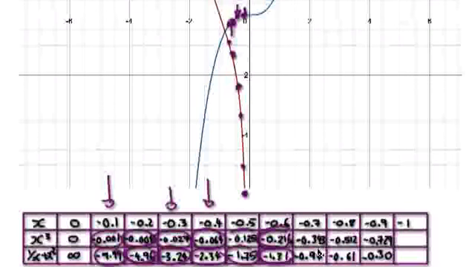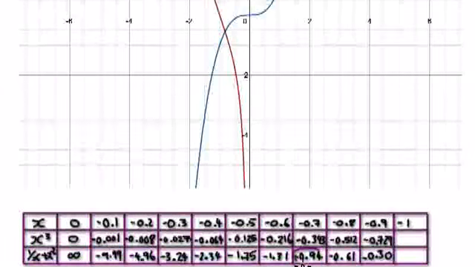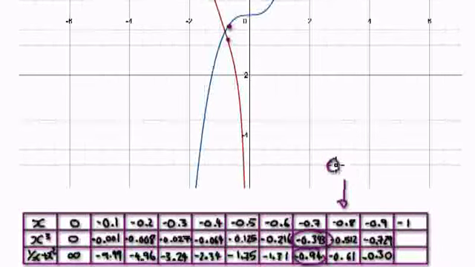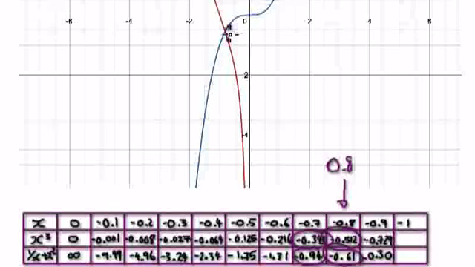Now, if you look at 0.7, the red line is still lower than the blue line. When x equals negative 0.8, the red line is still lower than this line here.